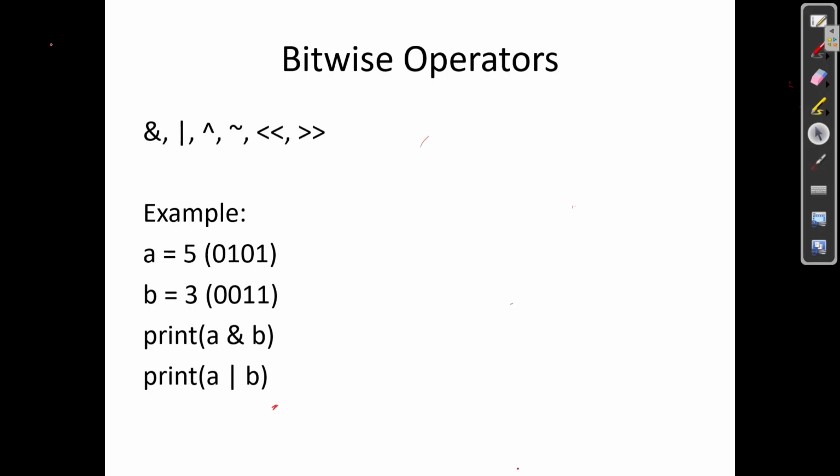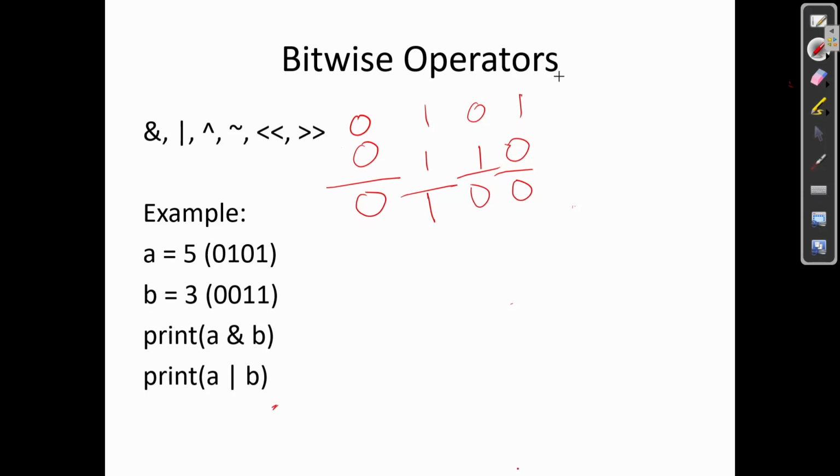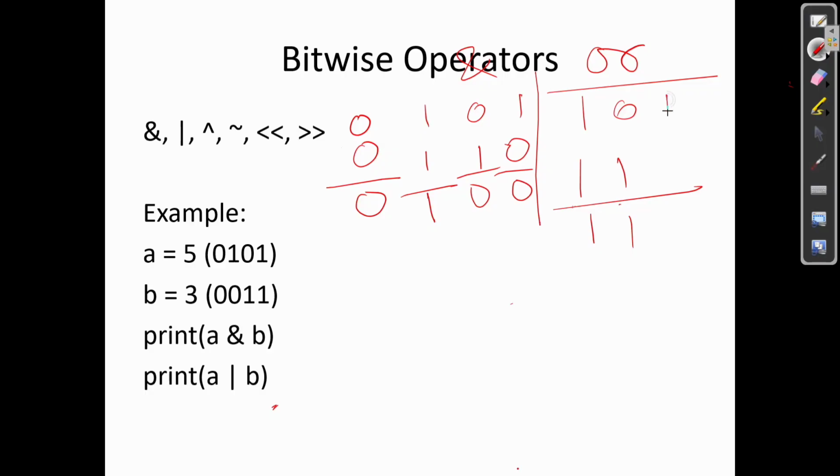So I'm telling you that for bitwise calculation, you should remember three tables. First one is for AND. For the AND operator, 0 0 gives 0, 1 1 gives 1, 0 1 gives 0, 1 0 gives 0. Similarly for the OR operator it will be 1 1 gives 1, 0 1 gives 1, 1 0 gives 1, 0 0 gives 0.